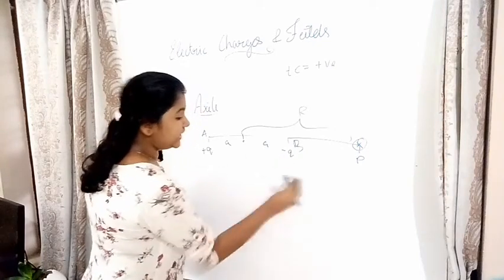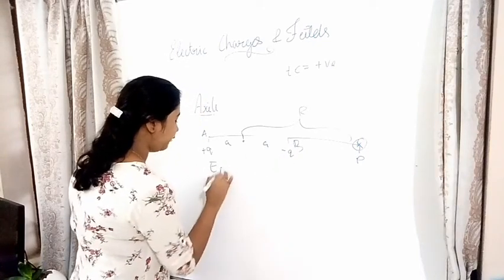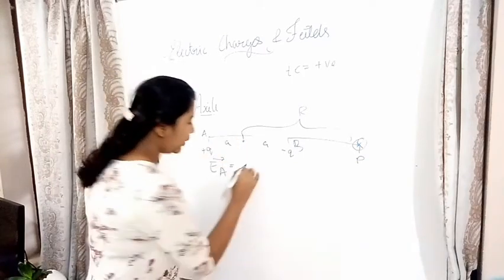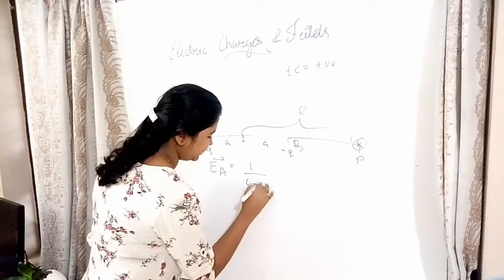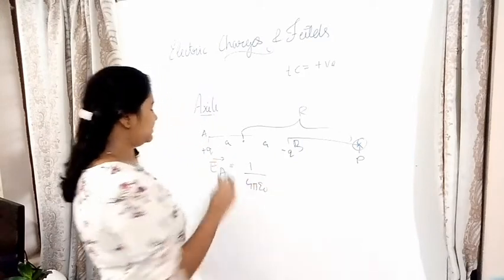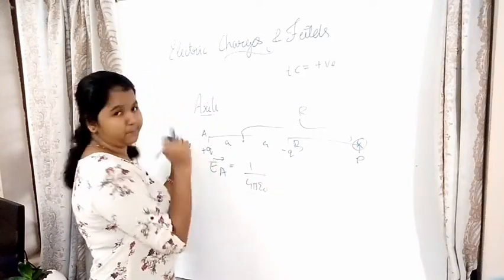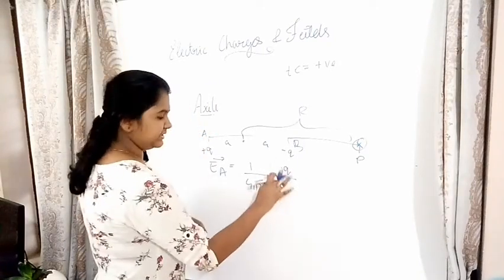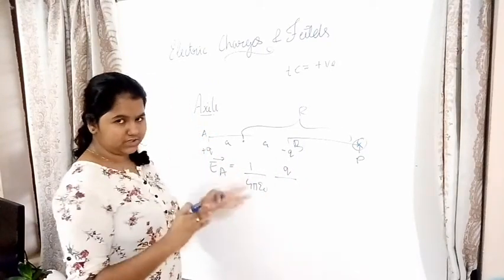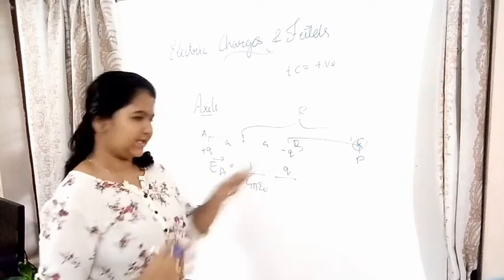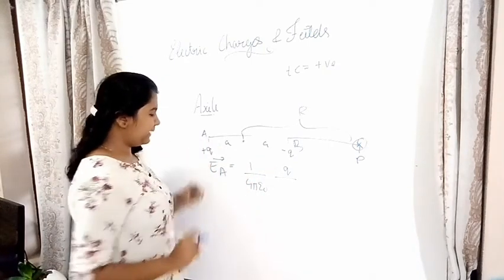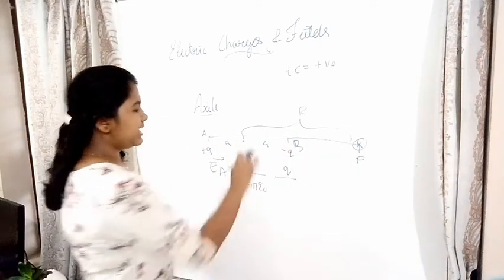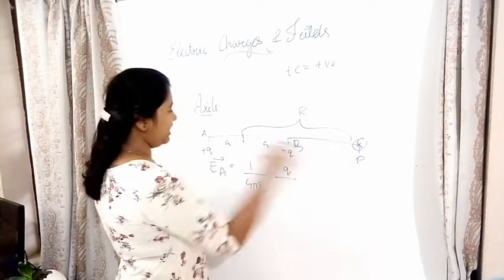So we know that electric field intensity is force by charge. So we'll write 1 by 4 pi epsilon 0. First is EA. What is the charge? It's plus Q, a positive charge, so it's just Q, divided by the distance between A and P. This total distance is r and this is a.